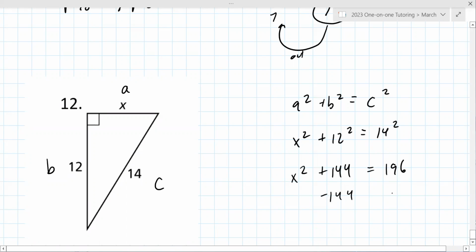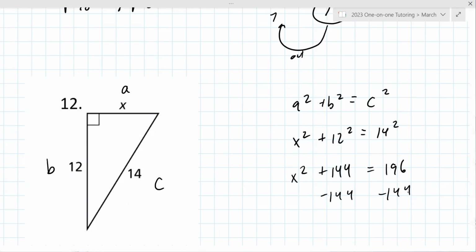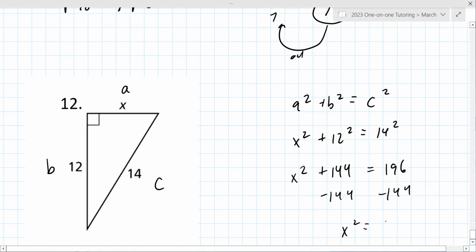Subtract 144 from both sides. So this is X squared equals 52.